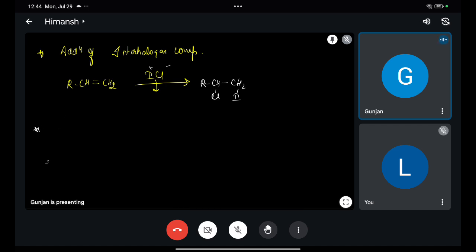Next is isomerization of alkanes. Now if the alkane is highly branched, then it will do that.